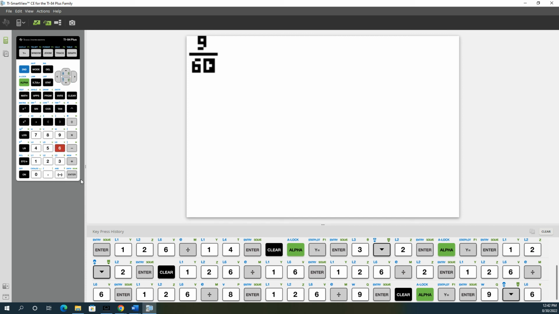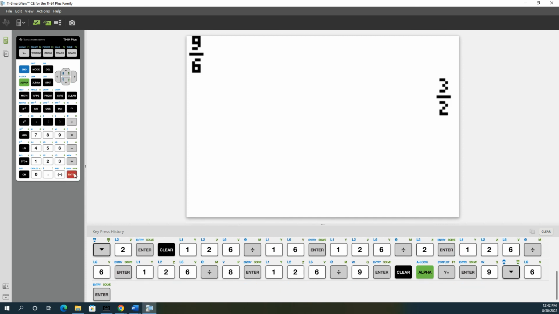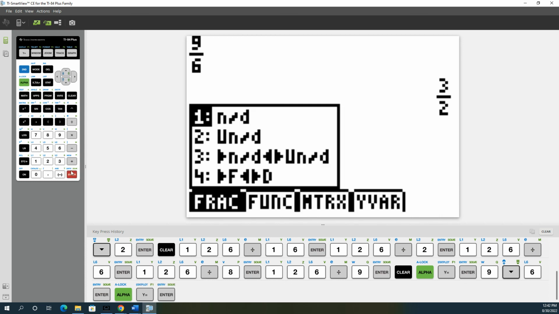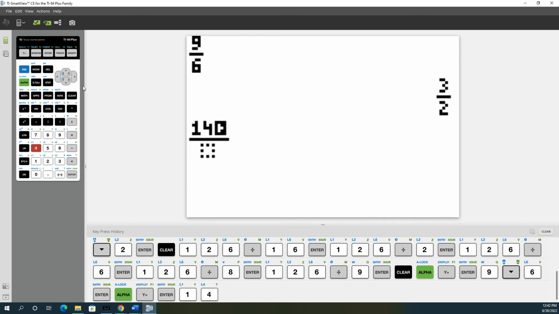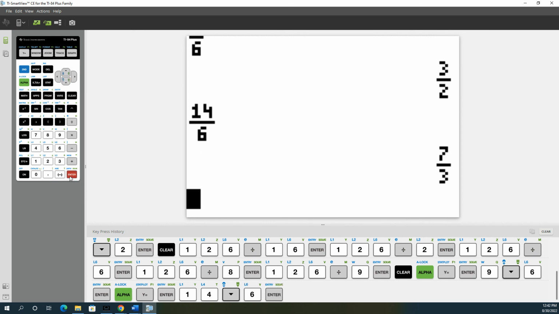So 9 over 6 is going to reduce to 3 over 2, and then 14 over 6 is going to reduce to 7 over 3.